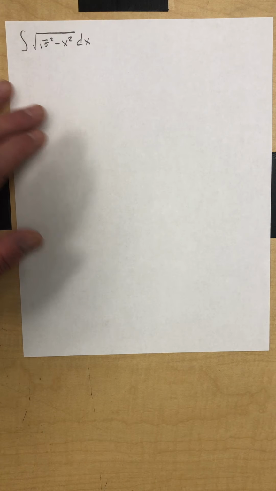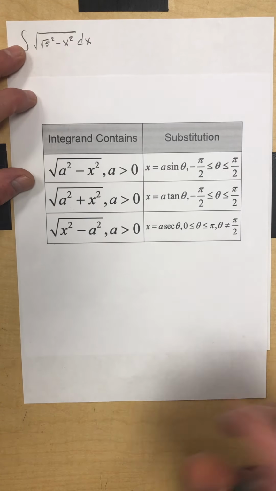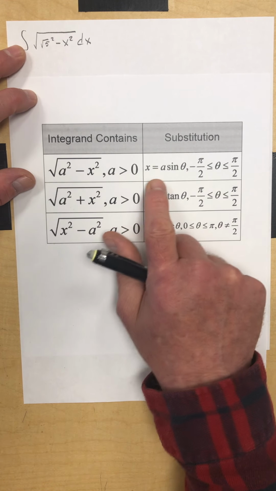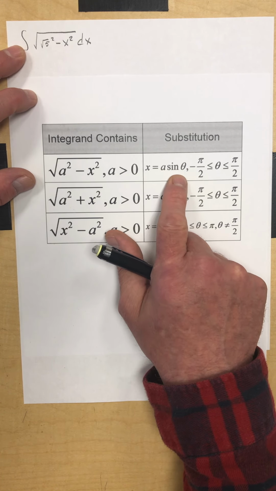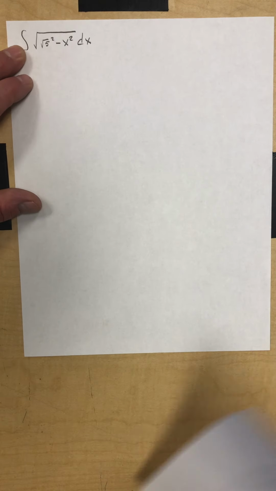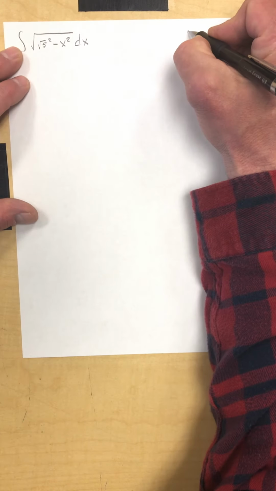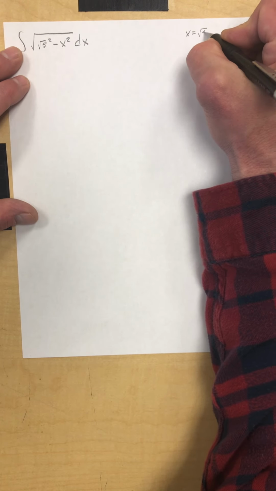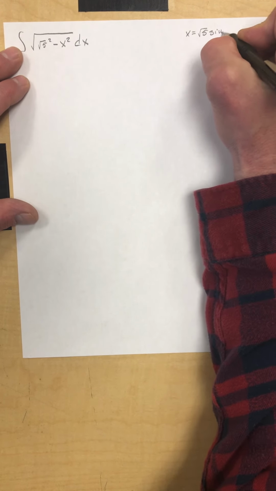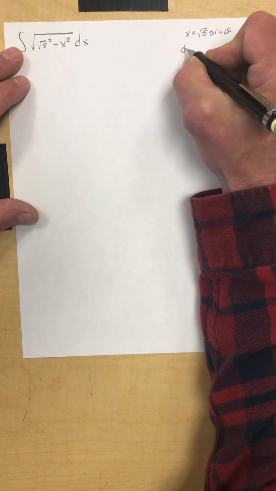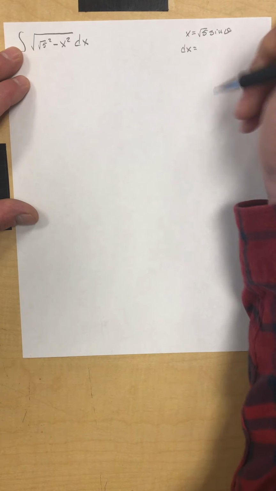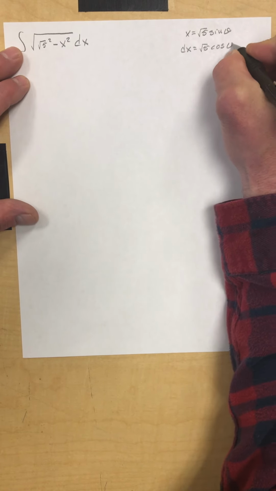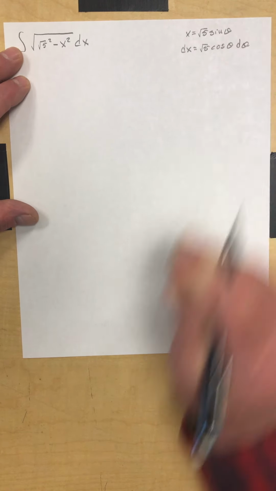Okay, so again, I go back to this, and it looks like I'm in the exact same situation. So I've got to substitute in a times sine of theta, where a is radical 5. Okay, so let's see. My x equals a, which is radical 5, times sine of theta. Okay, so my dx would be radical 5 times cosine theta d theta.